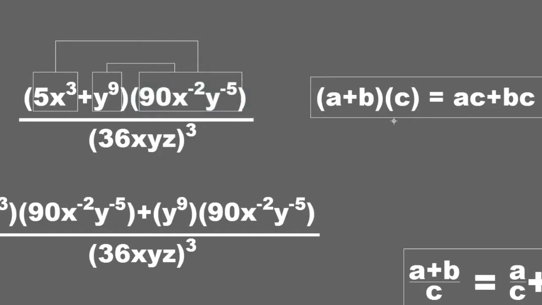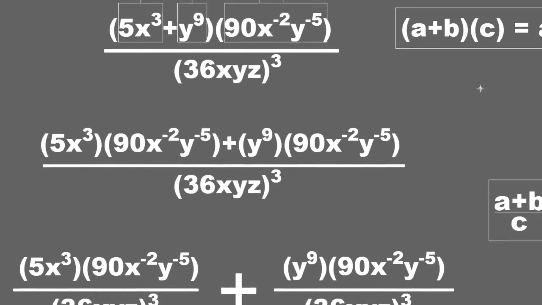So if you can visualize it, 5x cubed will be representing the a, y to the 9th power will be like the b, and everything that is in here is like the c. And I am going to change what I have inside of here into this side of the property. I'm going to change it into a multiplied by c plus b multiplied by c.